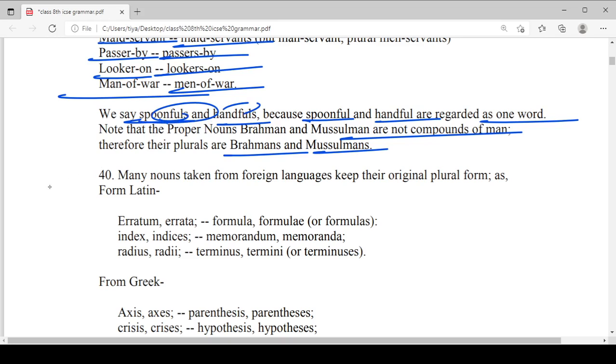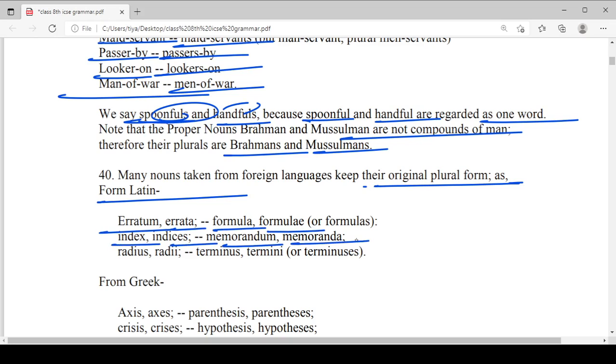Okay, and many nouns taken from foreign languages keep their original plural form, as from Latin, like arretum. The plural form is arreta. Okay. Formula, formulae or formulas. Index, indices. Memorandum, memoranda. It is the plural form. Radius, radii. Terminus, termini.